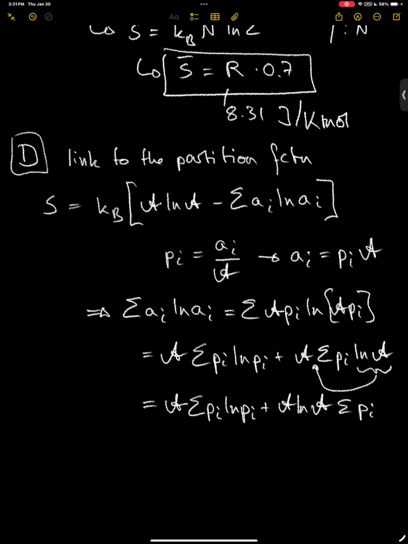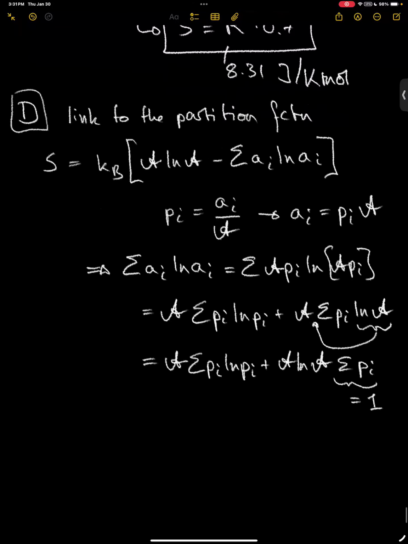And I can see that this is the sum over the probabilities, which must be 1. Okay. So I have a sum p_i logarithm p_i plus logarithm A.